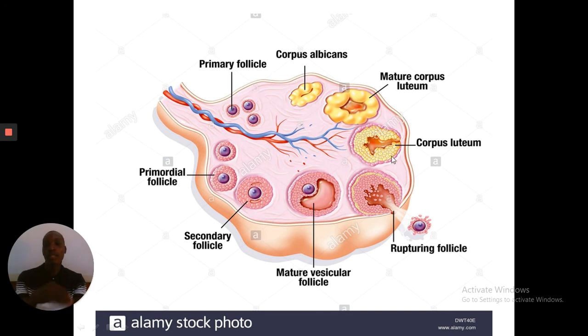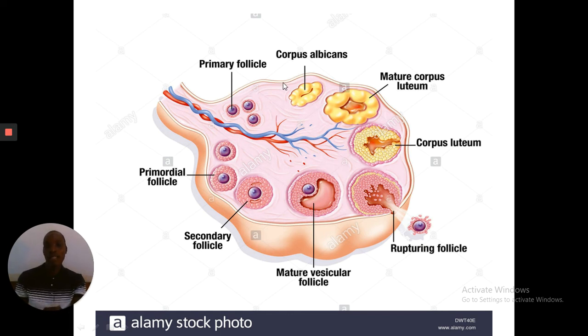Remember, from corpus luteum it becomes the luteal phase because it is the corpus luteum that controls this particular section of the ovarian cycle. From ovulation to the time the corpus luteum starts degrading, it takes around 14 days, time which will be enough for fertilization to have taken place and also implantation.